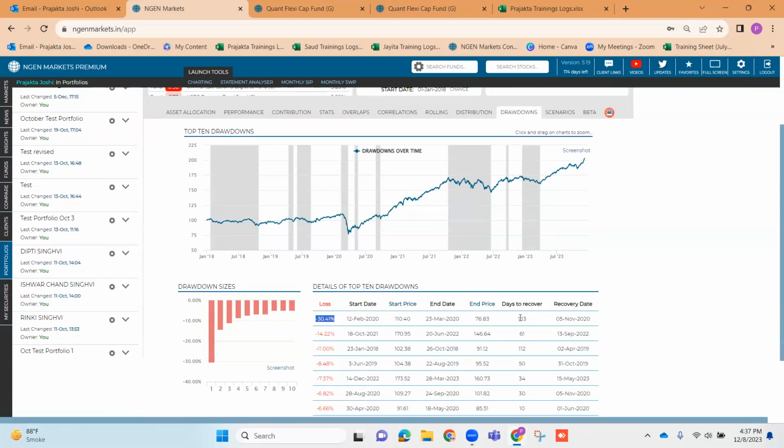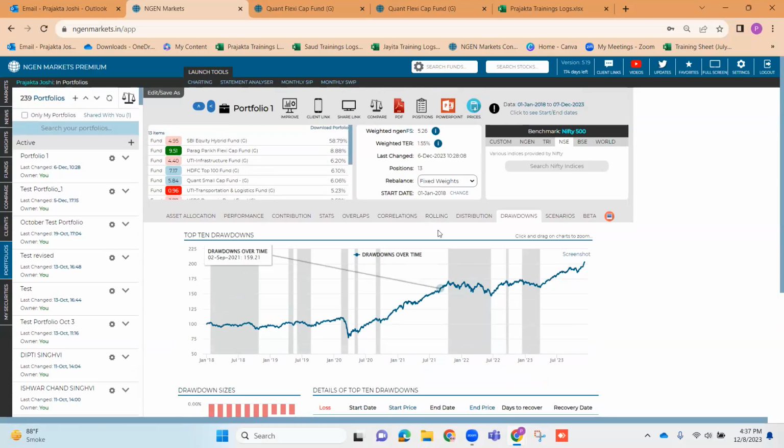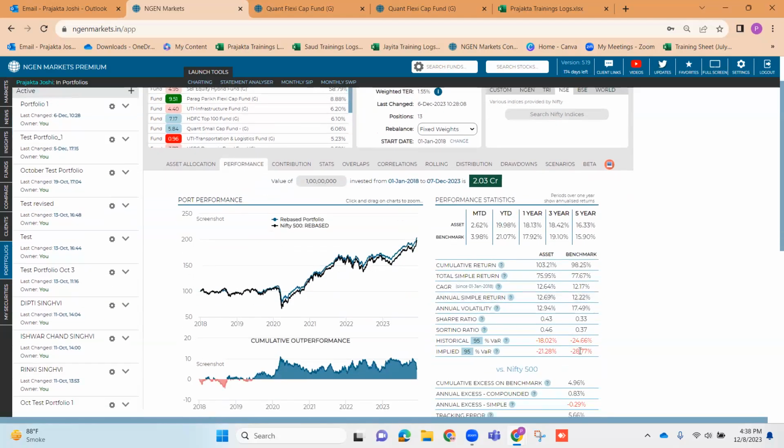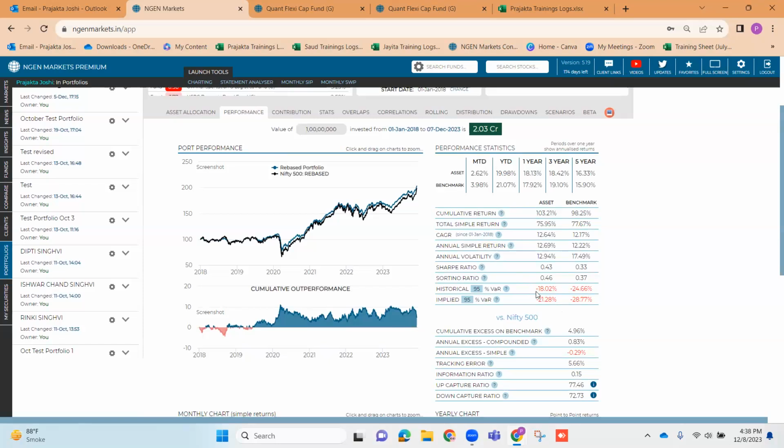So the rolling tab, the drawdowns tab, and also in the performance tab, the VaR number gives you a sense of downside. Let's go to the performance tab. Here, 18% is the expected downside for 1 year, which has a 5% chance of happening. So the rolling tab is much more important from the perspective of consistency of return.